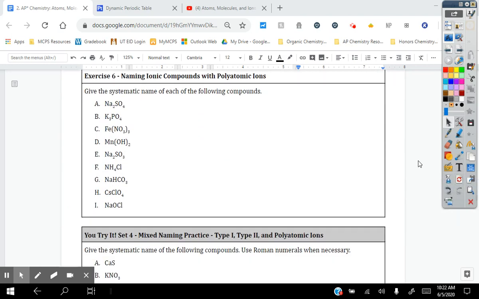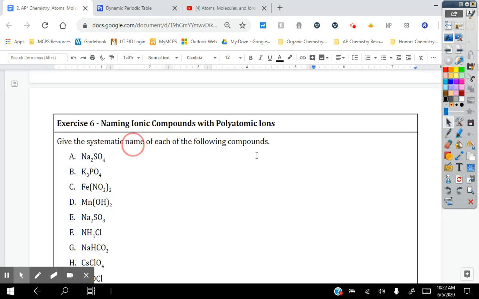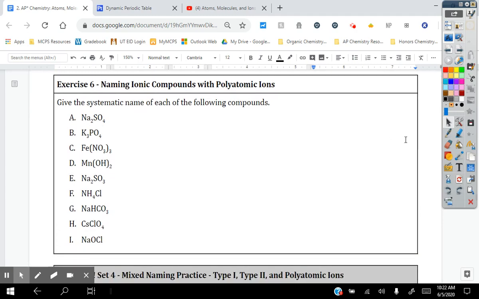Now, naming polyatomic ions. I actually think this is one of the easier ones to do, but it can get tricky because the recognition piece is dependent on whether or not you have them memorized. So we're going to follow the rules just like we did before. I've got Na2SO4. I know that Na is sodium, and I know that it is a group 1 metal.